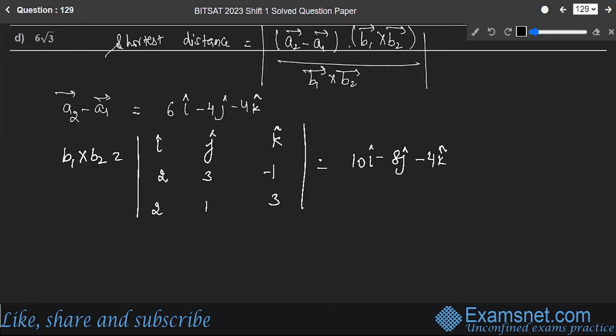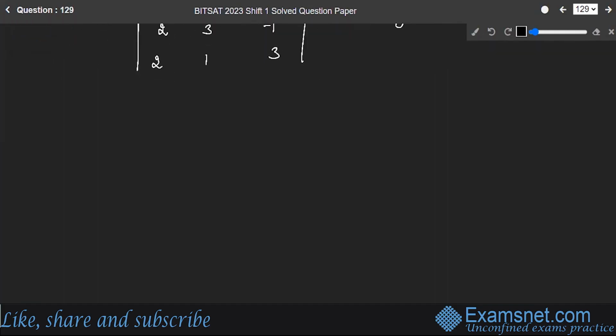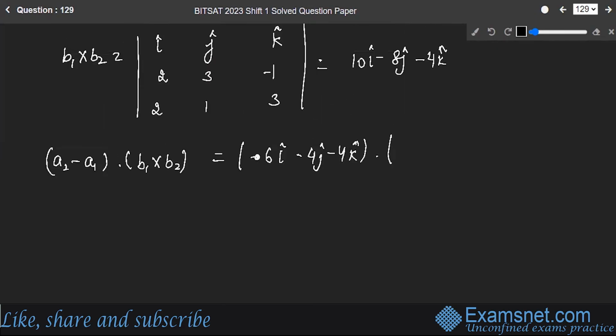Now let's find out the dot product of A2 minus A1 and B1 cross B2. What was A2 minus A1? That was 6I minus 4J minus 4K, dot product with 10I minus 8J minus 4K.